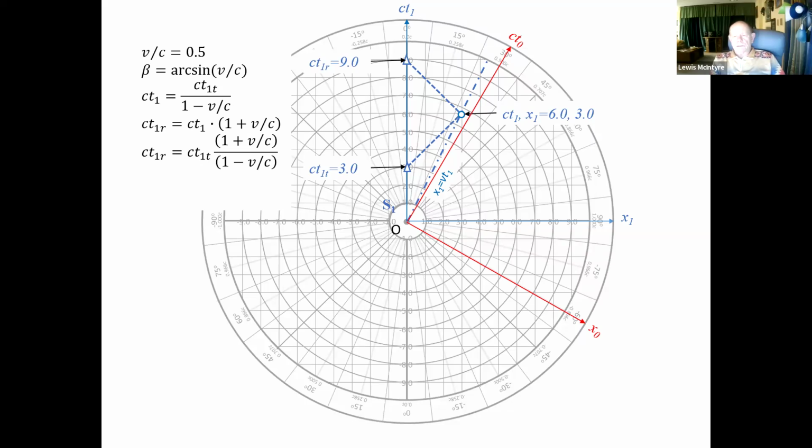Mu in this case is 26.5 degrees, the tangent of which equals v over c. The red ct0 is Sally's timeline, the locus of successive ticks of her clock, separated from Sam's timeline by the Brehm angle beta, 30 degrees, the sine of which is v over c.